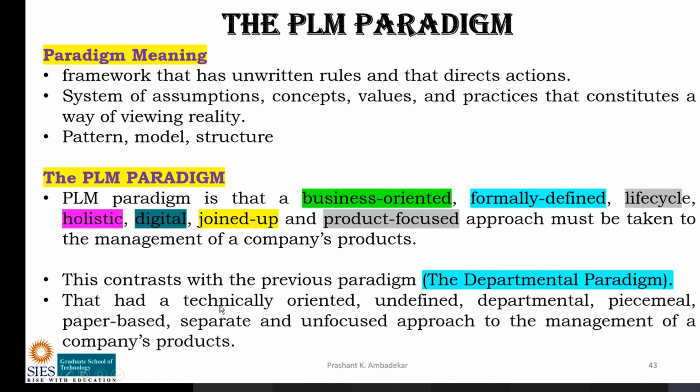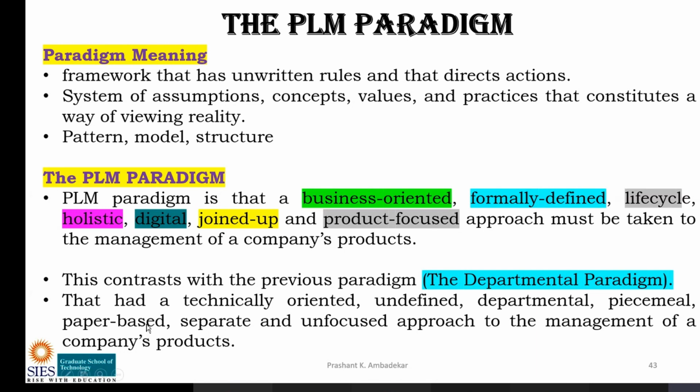So what was it? It was technically oriented, with a proper orientation of technology. Undefined, nothing was defined. Departmental means only for that department, that is the sales department, marketing department, design department. Piecemeal means it was in fragments, in pieces, broken.